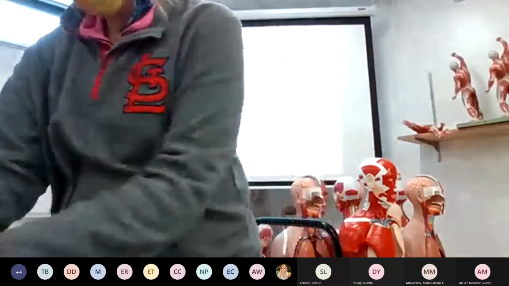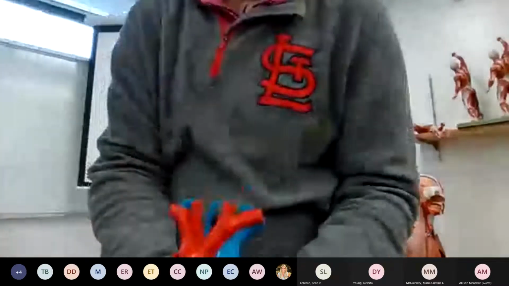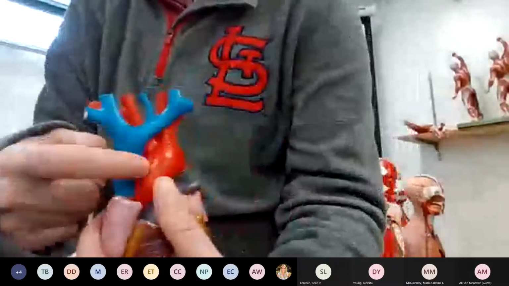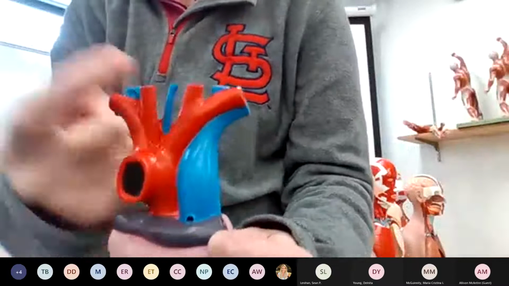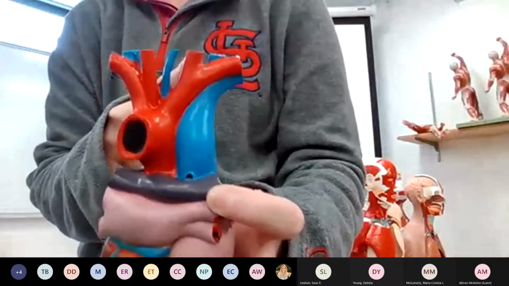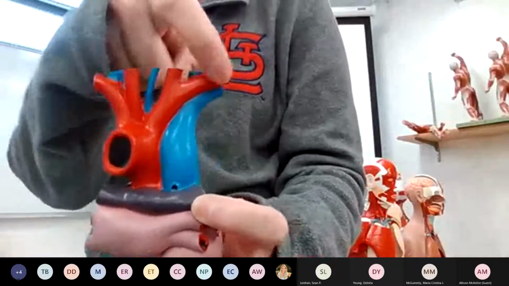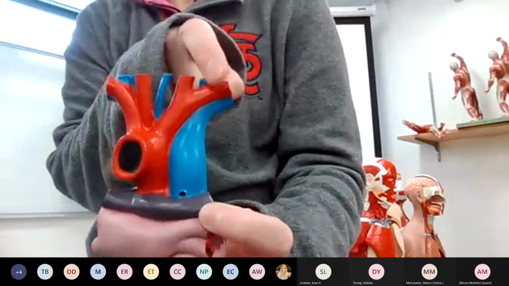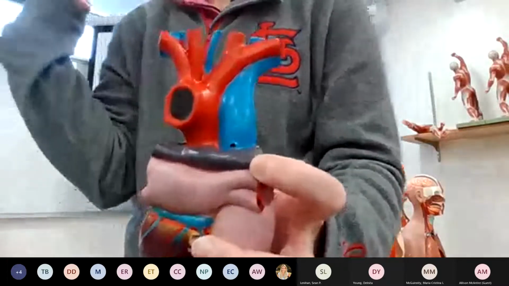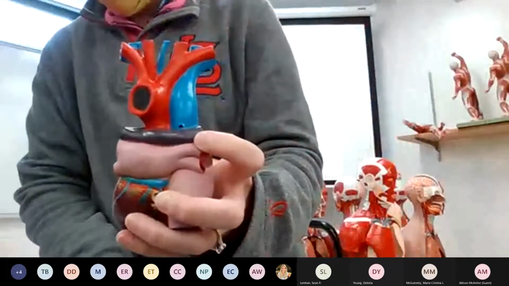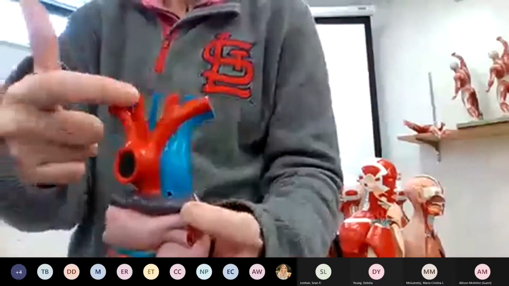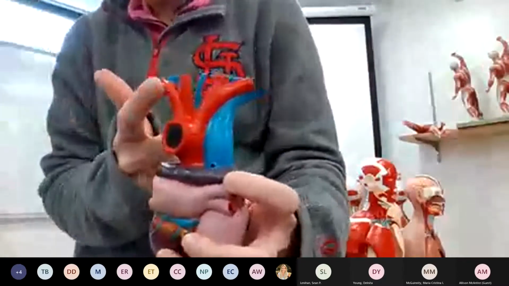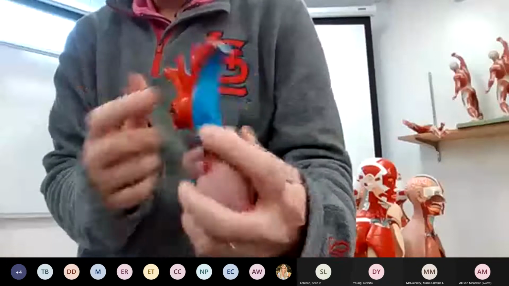And what I like about this model is when you show that coming off the aorta, it very quickly branches into what will become your right common carotid and then your right subclavian, going to the right arm, sorry. Okay, and then here's your left common carotid, and then here's your left subclavian artery, right?